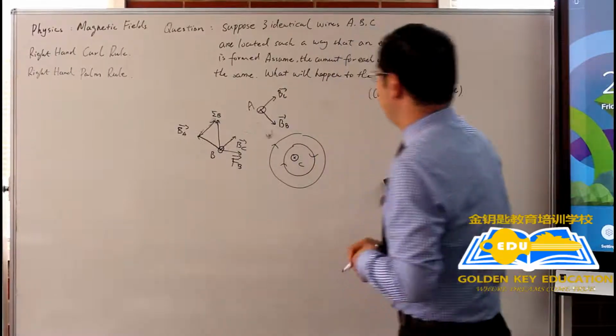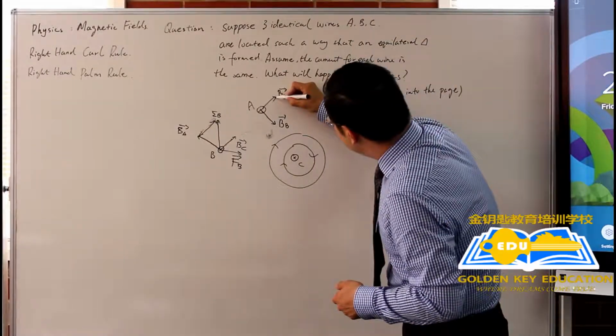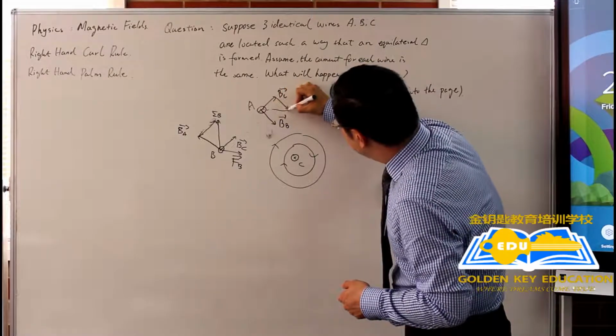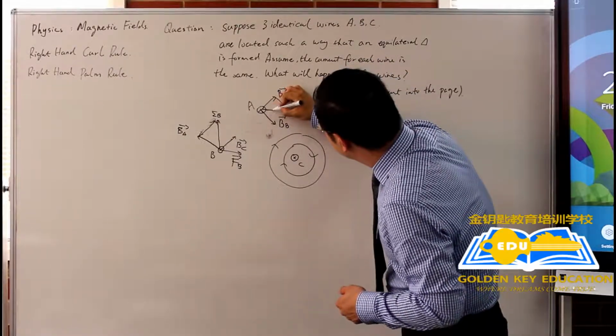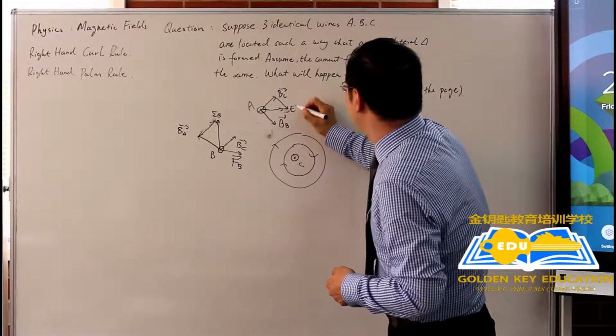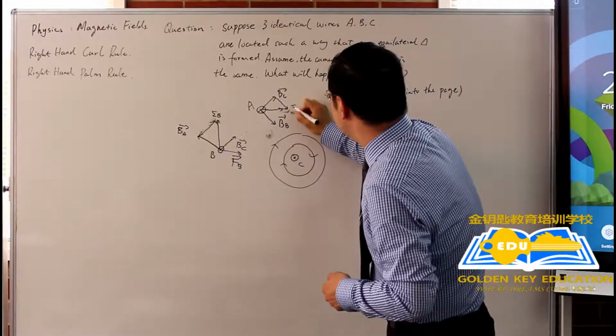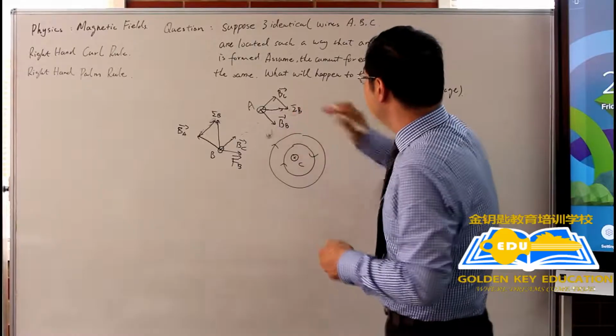And then obviously, like I said previously, the resultant field is going to be pointing to the right. Okay. The resultant field on wire A.